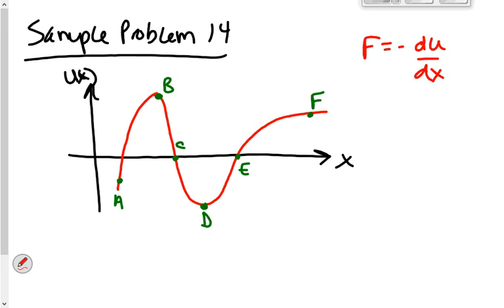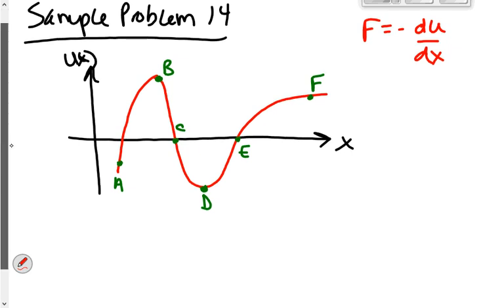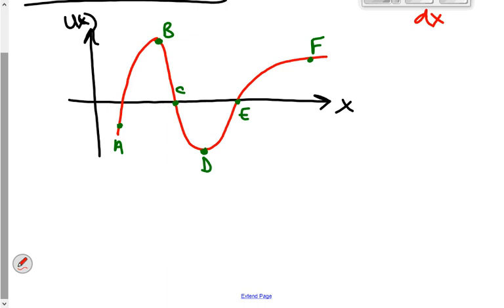Right. As Maddie said, dU/dx really means slope. So we can look at the slope at each of the labeled points, and then whatever that slope is, positive, negative, or 0, we would flip it because the force is going to be the negative of the slope. So we'll kind of have to flip back and forth here.